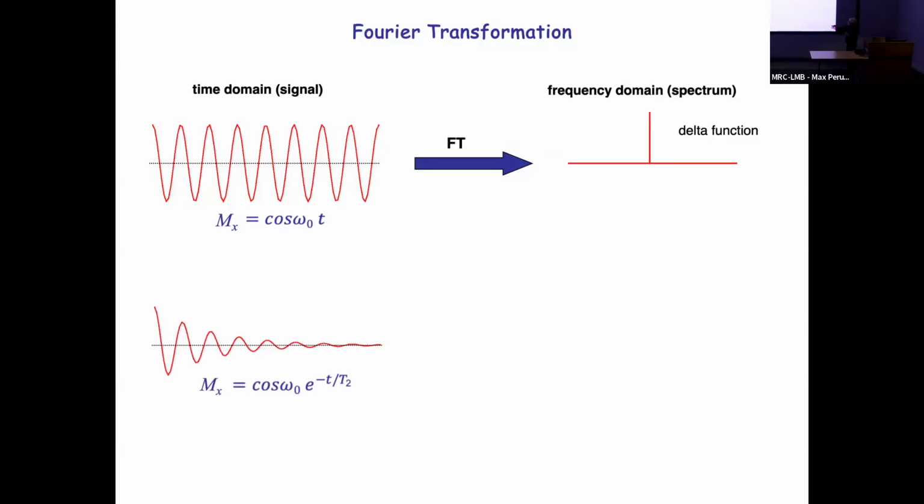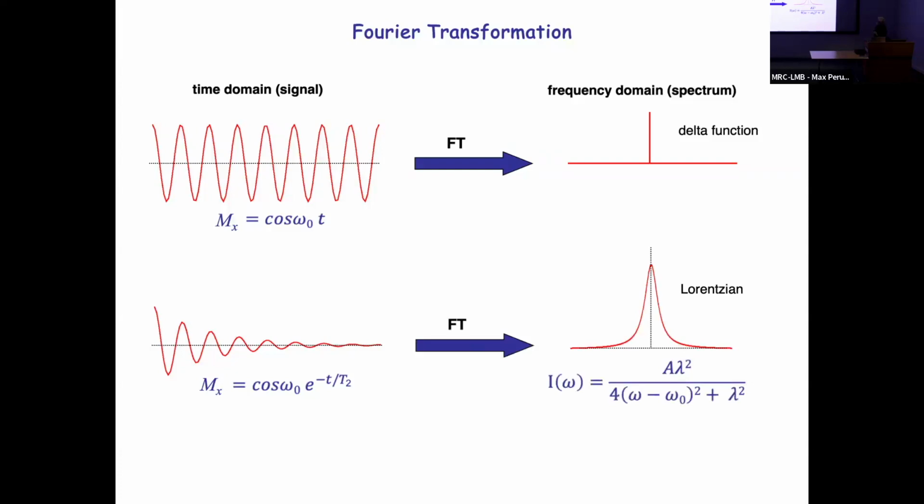We excite the spin into the horizontal plane, and it then will relax back towards its equilibrium position. So it will be an exponentially damped sine wave. If we do a Fourier transform of that, what we have is a so-called Lorentzian line, and the center frequency of that is exactly the same as you would get for the infinitely long cosine wave. But in this case, we have, in addition, a definition of a line width.